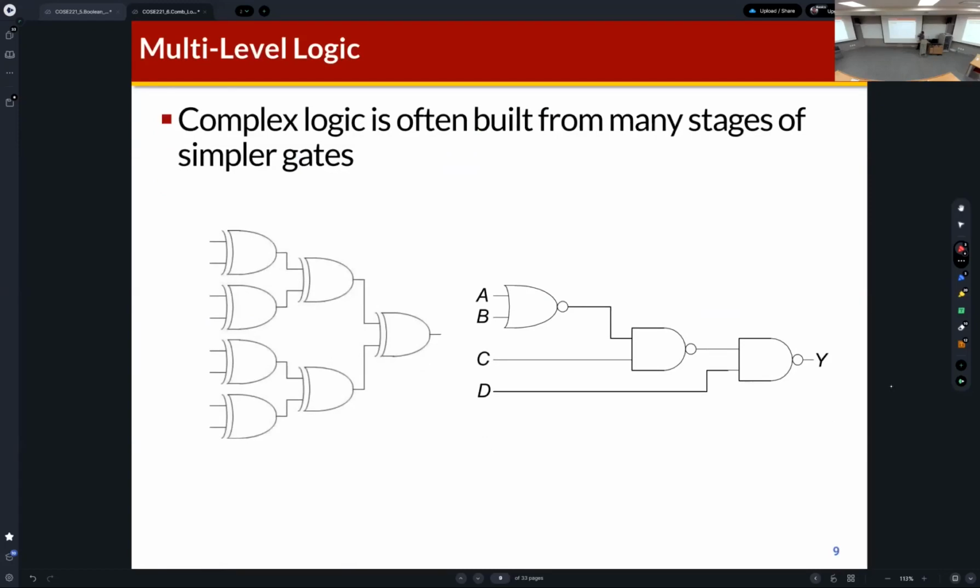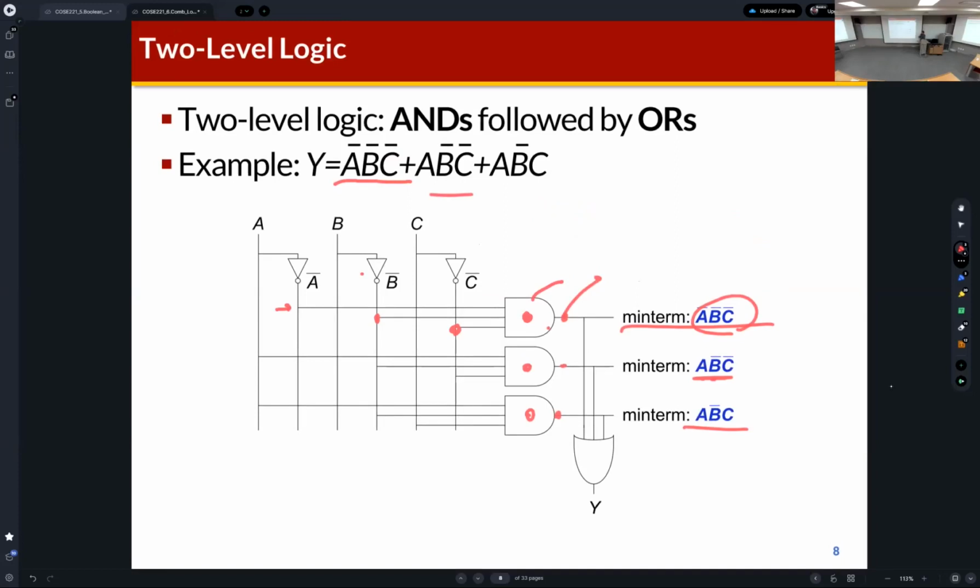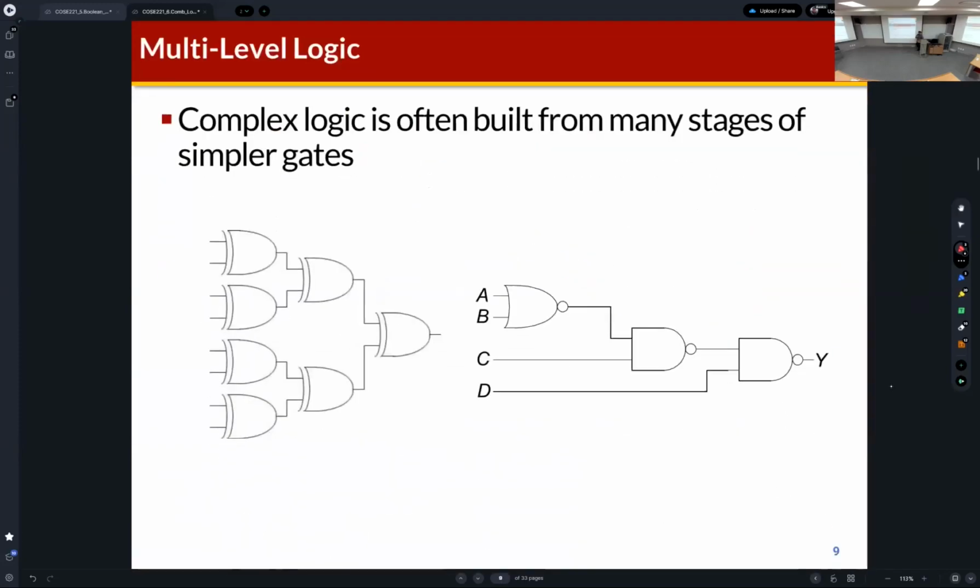We can also consider multi-level logic. Two-level logic is the most common form because, as I mentioned, we can represent every truth table using SOP or POS forms. But we can also consider multi-level logic, which means that the signals can pass through multiple logic gates, like more than two.